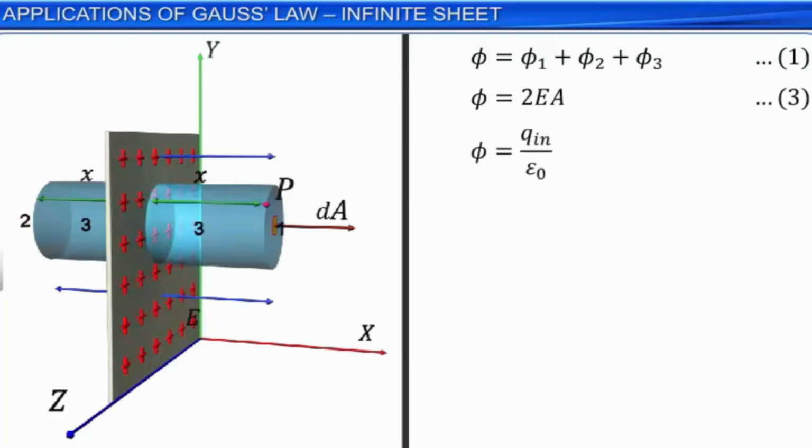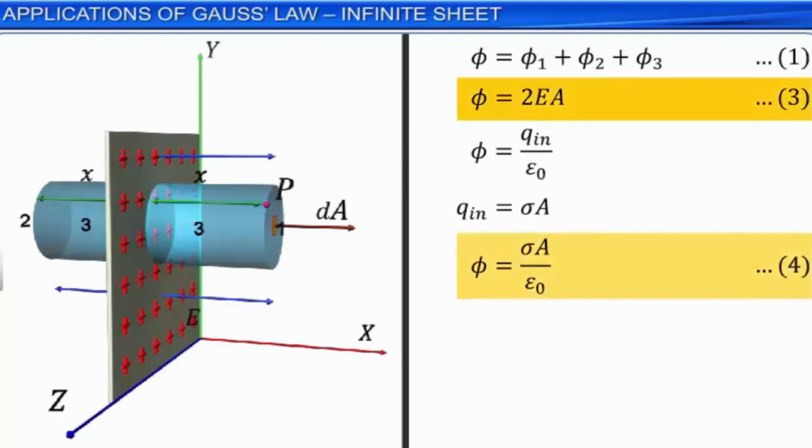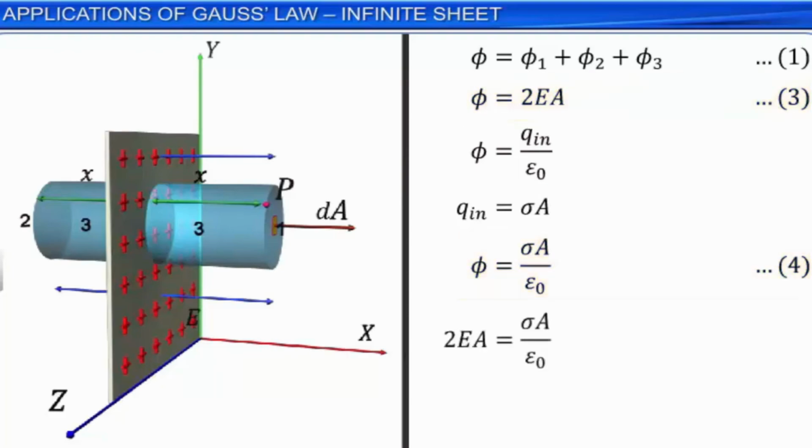Substituting the value of Q in, we get Phi is equal to sigma A by epsilon naught. Let this be equation 4. From the equations 3 and 4, we get 2EA equal to sigma A by epsilon naught. Simplifying this expression, we get E equal to sigma by 2 epsilon naught. Let this be equation 5.